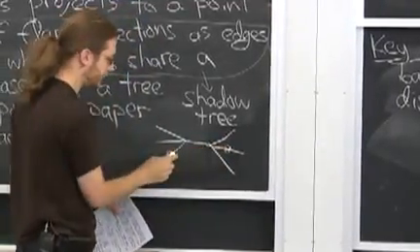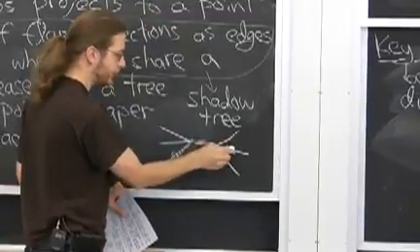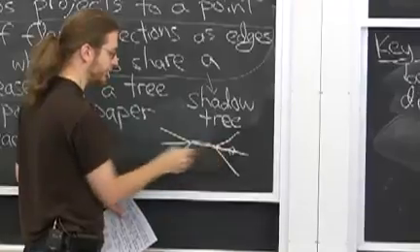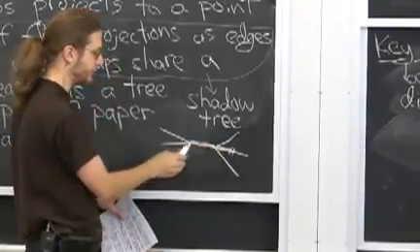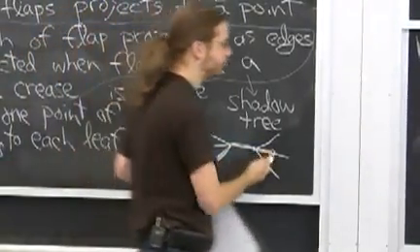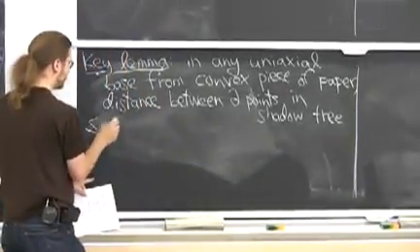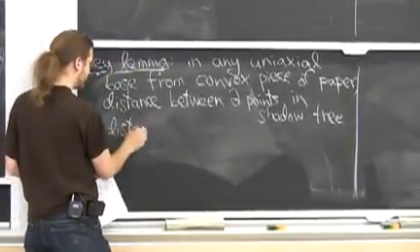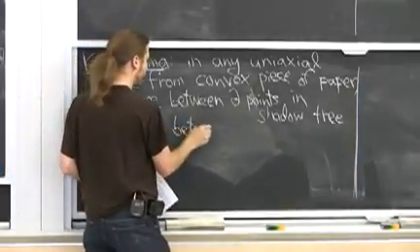The distance between them is the distance as measured if you had to walk in the tree: how far is it to go from here to here? Because our tree is a metric tree, because we specified all the edge lengths, we can just add up those lengths. That's the distance between 2 points in the tree. That must be less than or equal to the distance between those 2 points on the piece of paper.